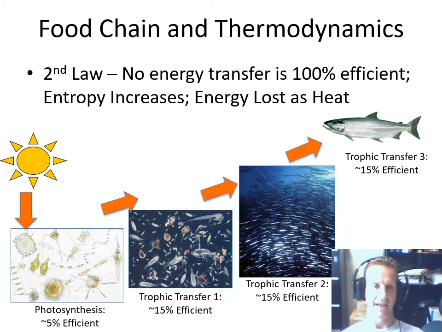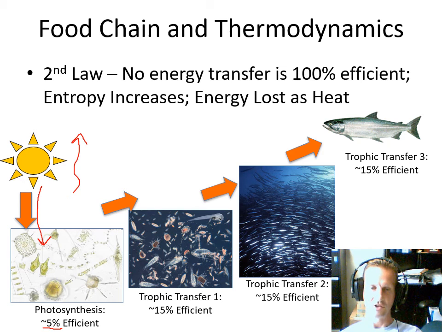So when the sun shines on the water, phytoplankton are able to capture some of that sunlight energy and store it as chemical energy, but they're only about 5% efficient. And a lot of the sunlight just ends up turning into heat, which will eventually radiate away into space and be lost.